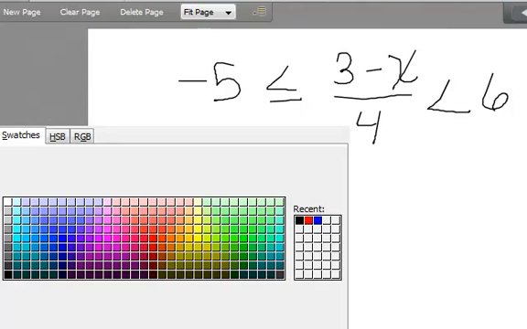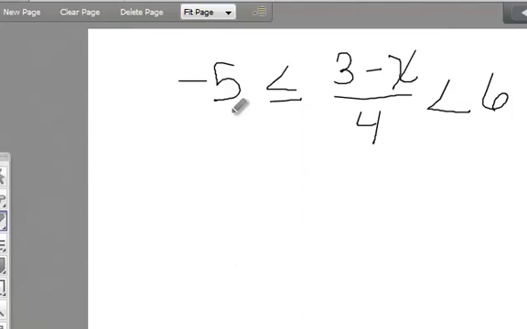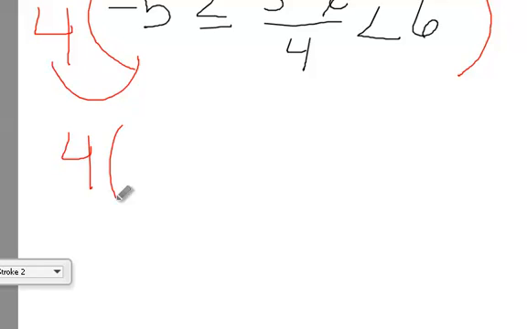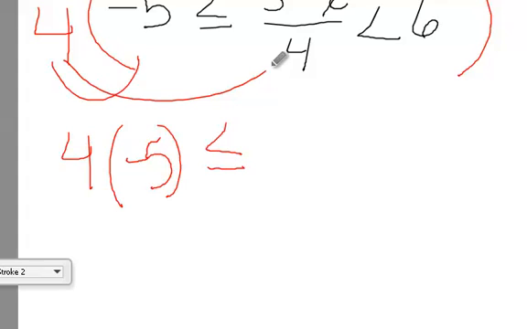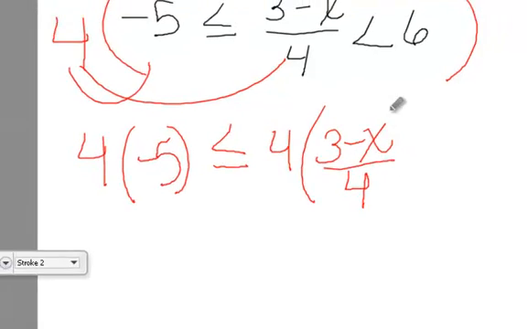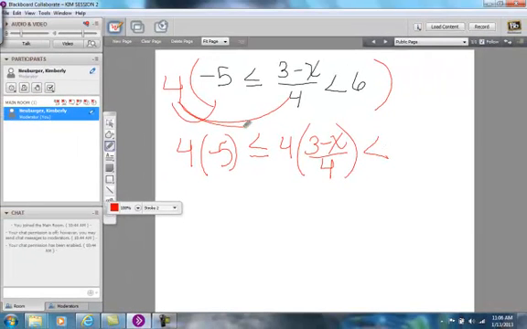This will look like 4 times negative 5 less than or equal to 4 times the expression in the middle less than 4 times 6. Notice I did not reverse any of the inequality symbols because we multiplied by a positive number.